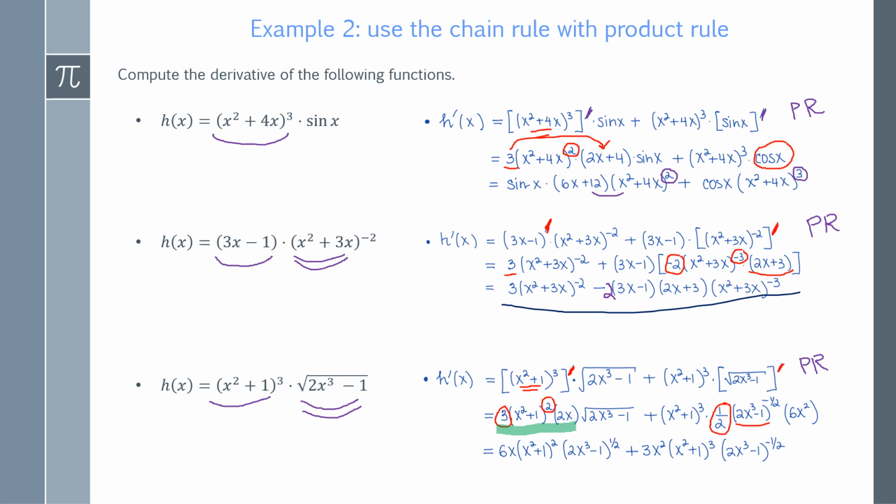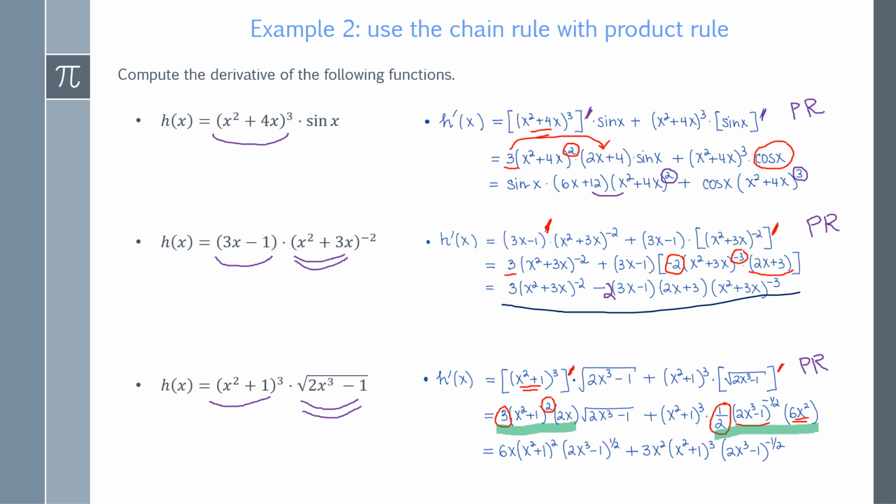So that's why we have negative 1/2, times the derivative of the inside. The derivative of 2x cubed minus 1 is 6x squared. So this is my derivative of the second function by using the chain rule. Now the last step to do here is to clean up a little bit.